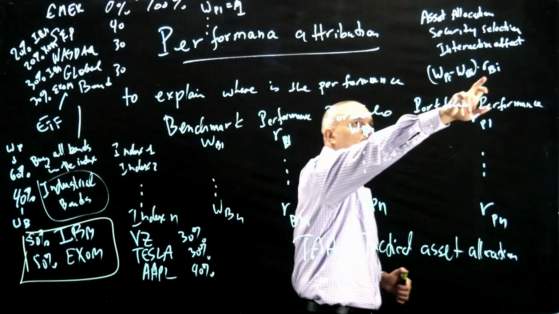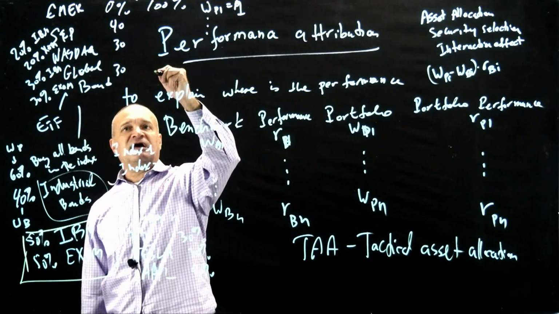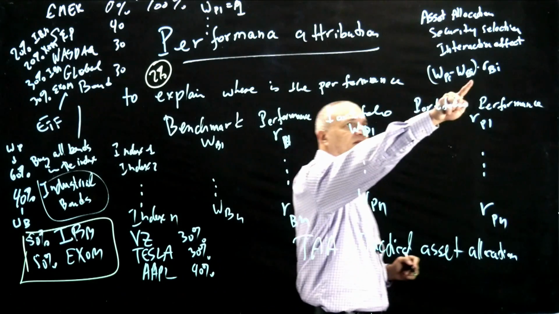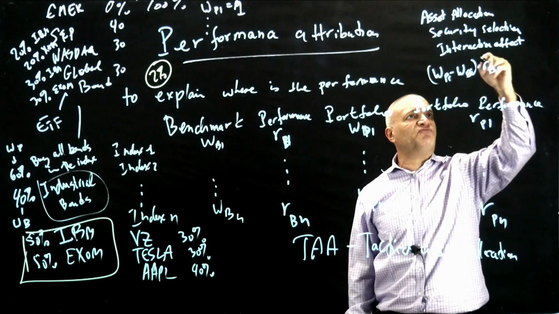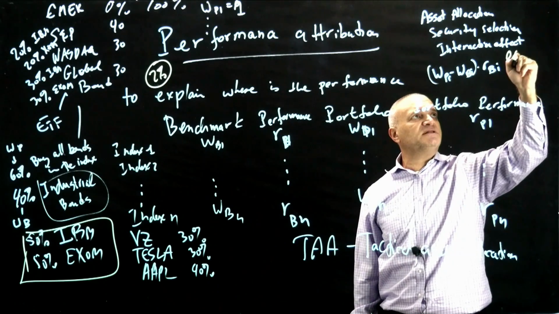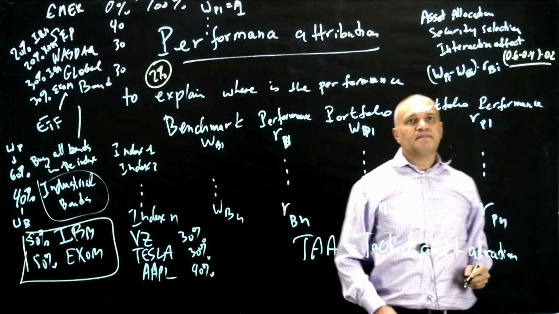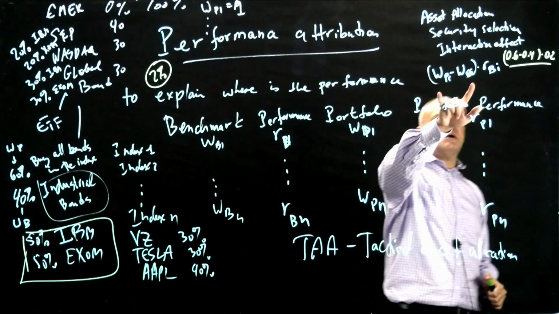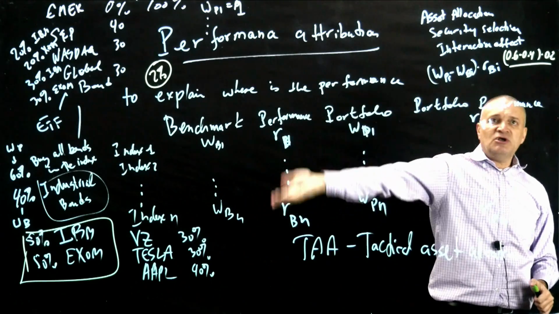Let's say the benchmark return is 2%. Then your asset allocation outperformance is basically 0.6 minus 0.4 times 0.02. Now, where does the kicker come from? Maybe here you outperform, but maybe in another portfolio you underperform.